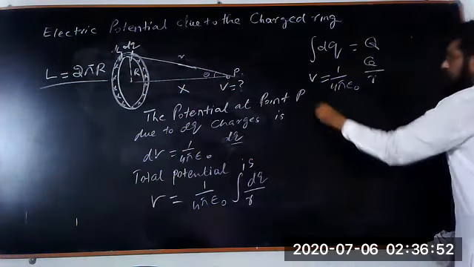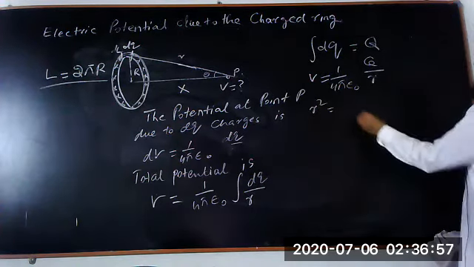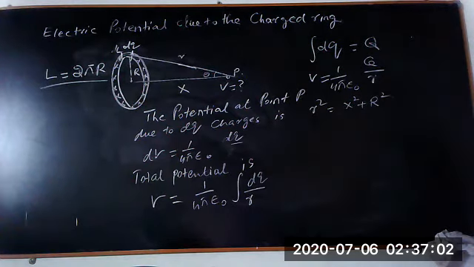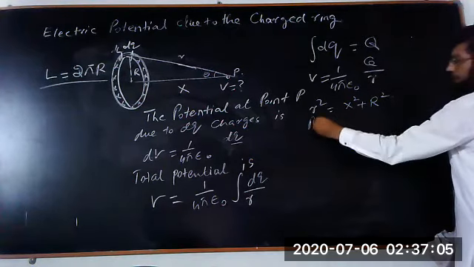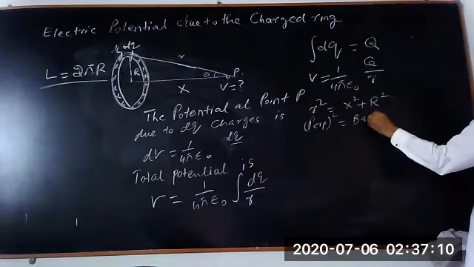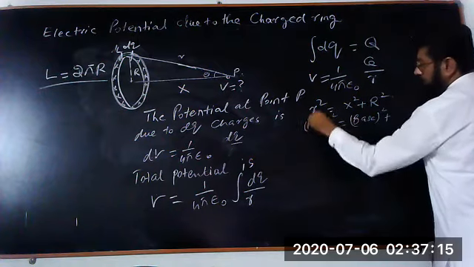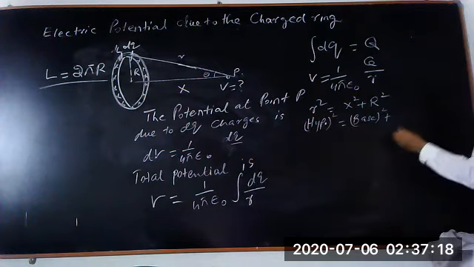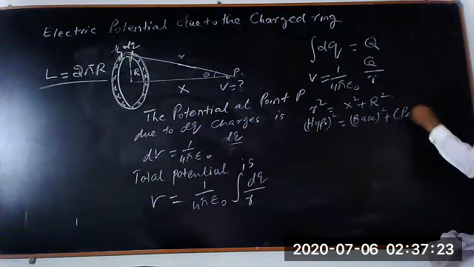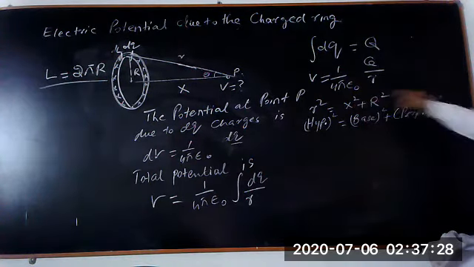So here, by using Pythagoras theorem, r square is equal to x square plus R square.